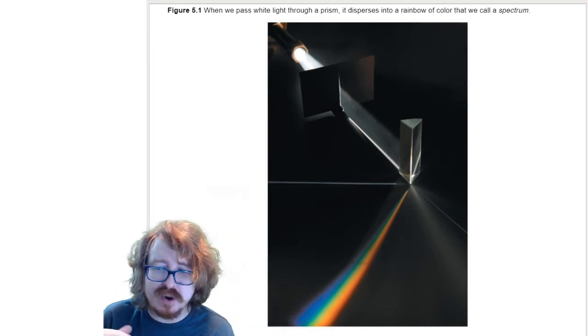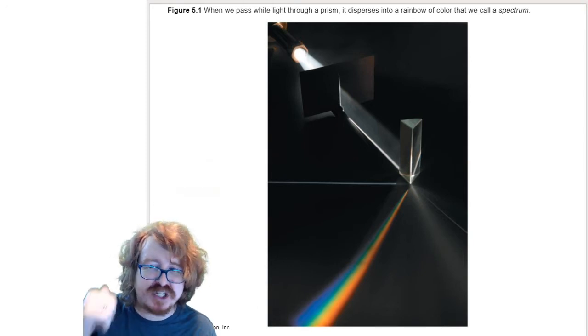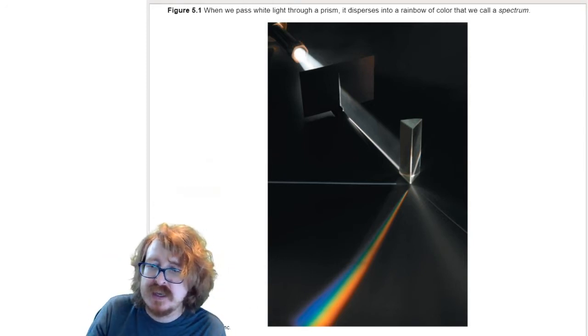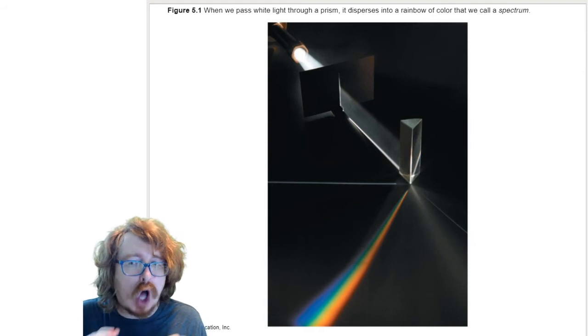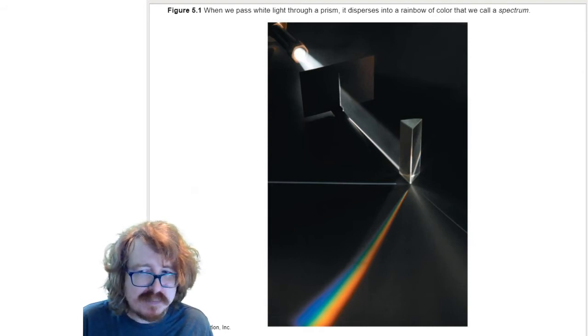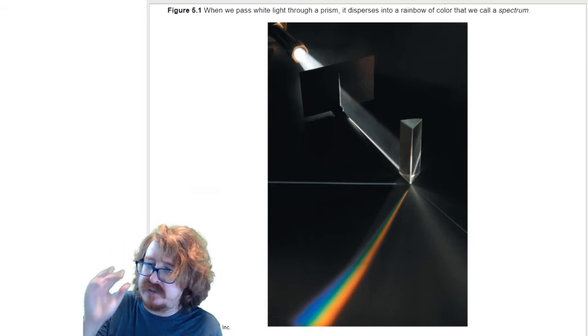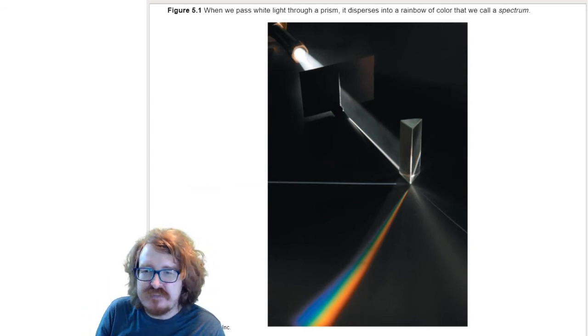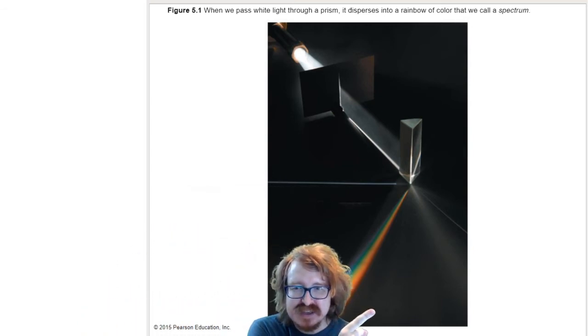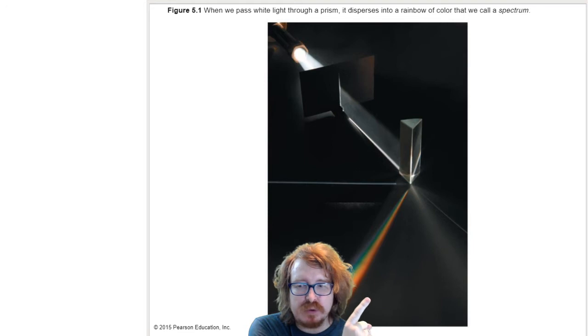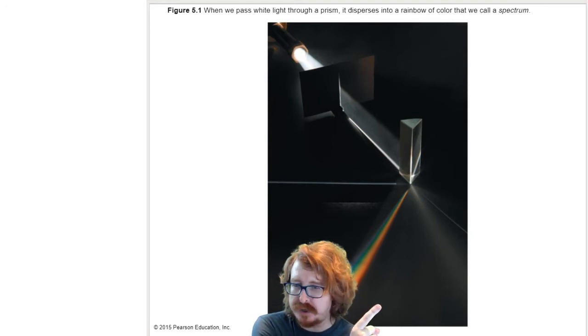So, according to what we know about refraction that we were just saying, is it a longer wavelength than visible or a shorter wavelength than visible? If it bends less, is it longer than visible or shorter than visible? So longer or shorter?